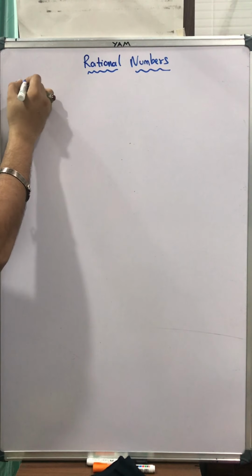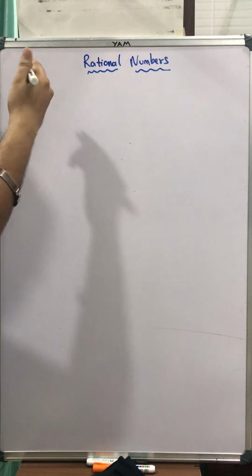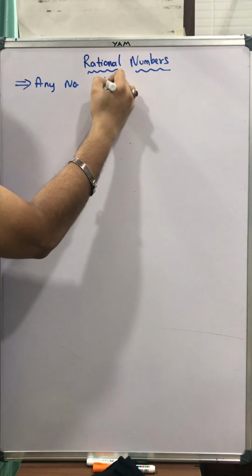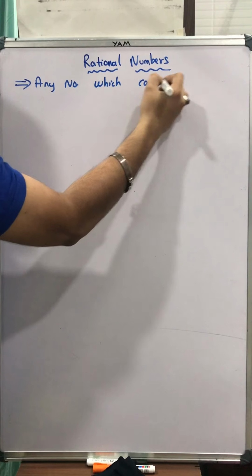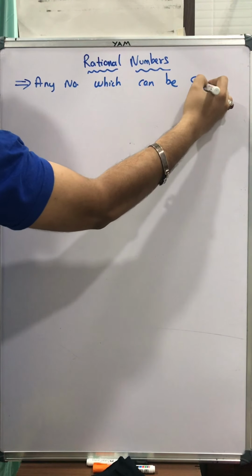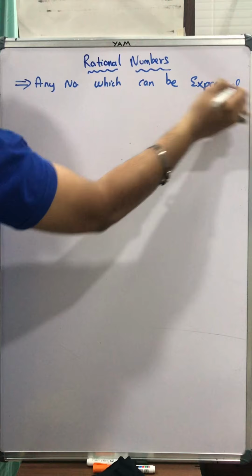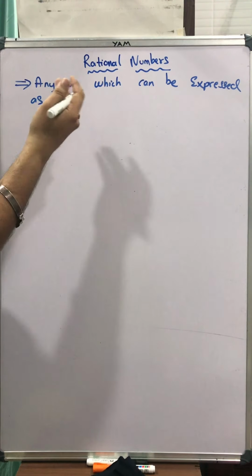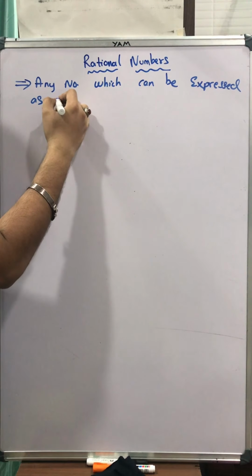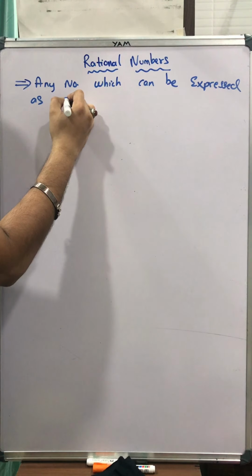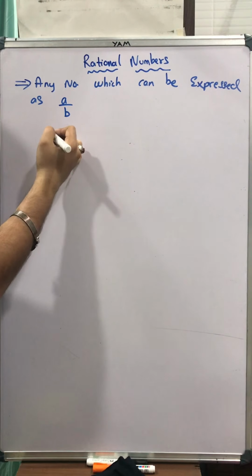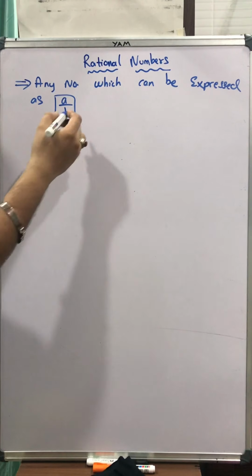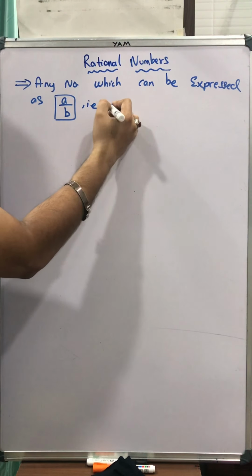So if I want to define rational numbers, in easy words I will say, any number which can be expressed as a upon b, that is a fraction.